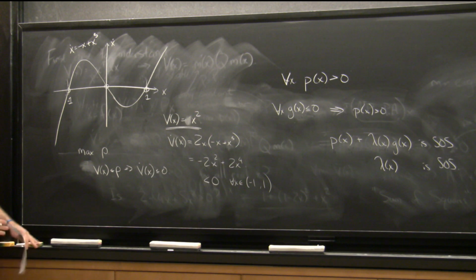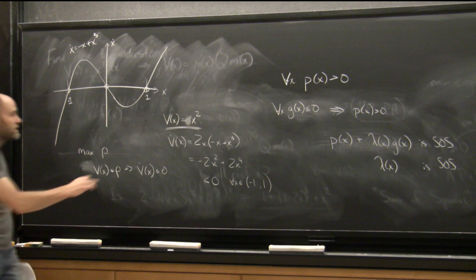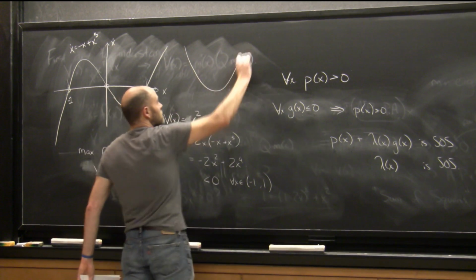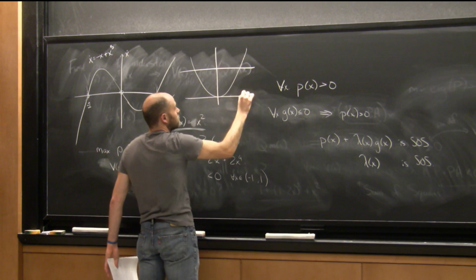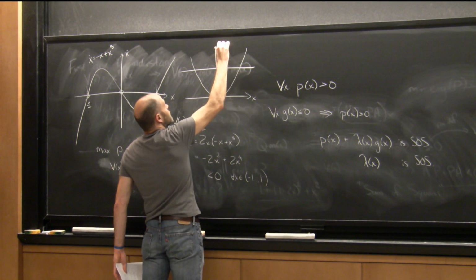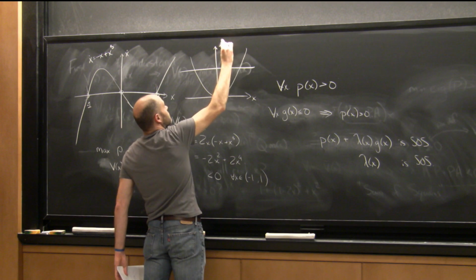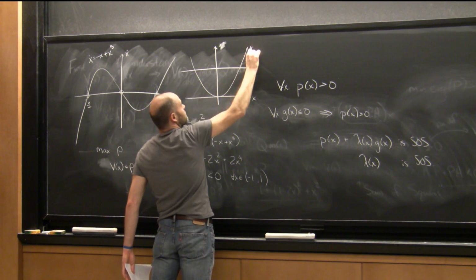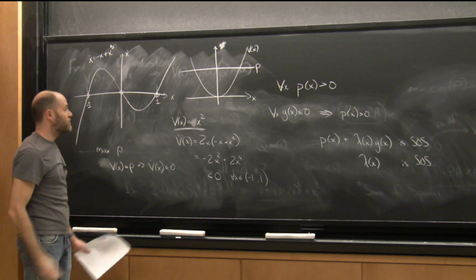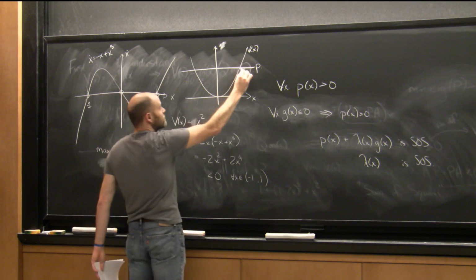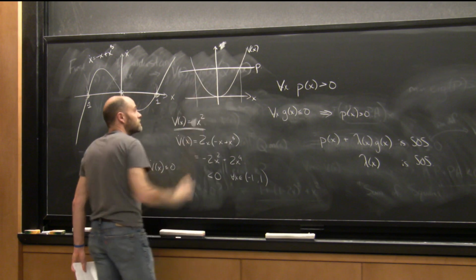If there's a sub-level set of v, where v is a function of x, say x squared here, this is v of x, and this is rho. The place where v of x is less than rho defines some region.